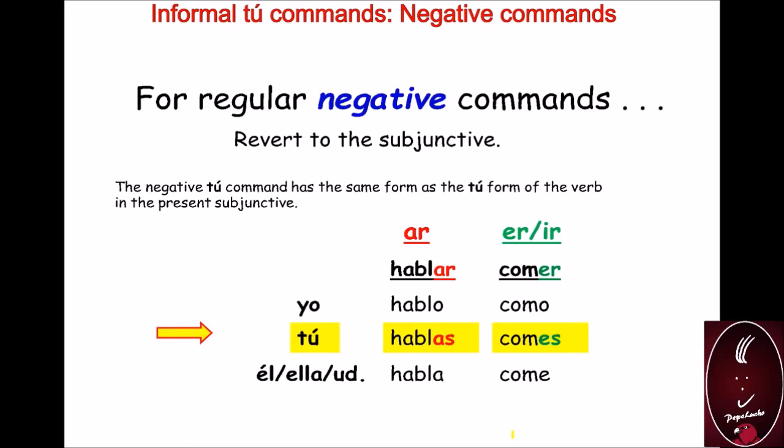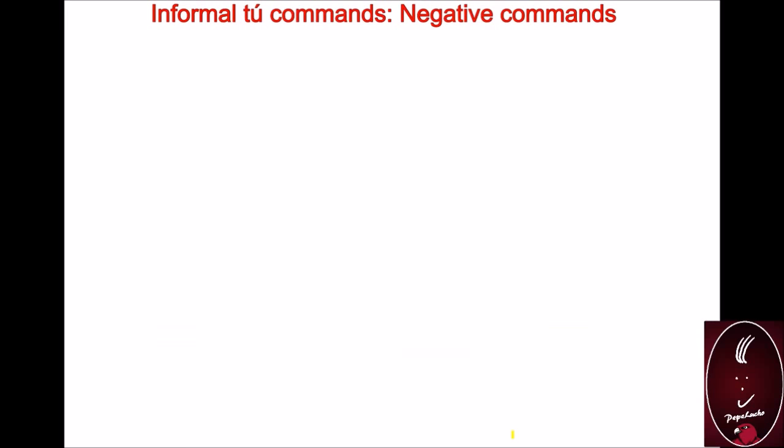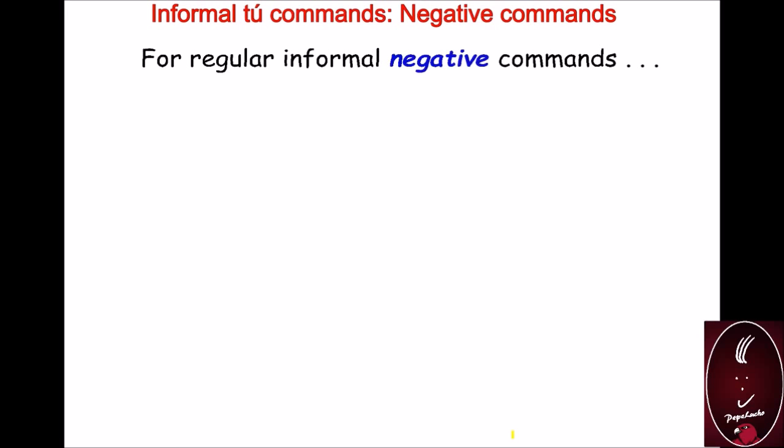So let's use the tú for the AR and the ER and IR endings. Let's use this transparency. The three steps to form those regular informal negative commands.